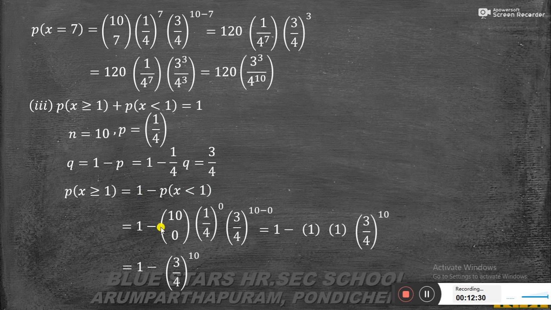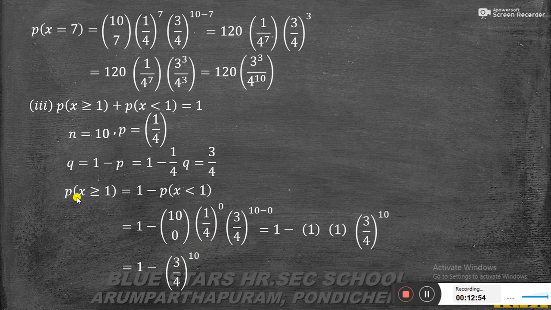So 1 minus 10C0 into 1 by 4 whole power 0 into 3 by 4 whole power 10 minus 0. 10C0 is 1, 1 by 4 whole power 0 is 1, and 3 by 4 whole power 10 minus 0 is 10. So therefore 1 minus 3 by 4 whole power 10.